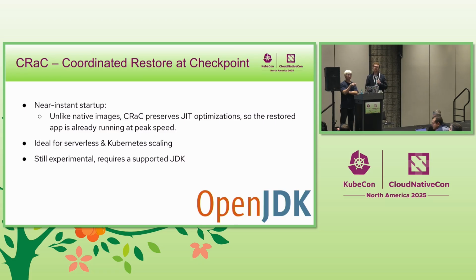So it's a really fast start time without GraalVM as well. You can still use the JVM to run your Java application on Amazon Lambda, but it takes about 100 milliseconds to start up using CRaC, based on a snapshot. You don't need to do a full scan of your Java on the virtual machine, but you can go back to a specific snapshot point for a really fast startup time.